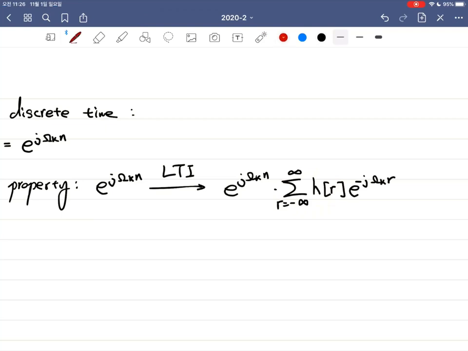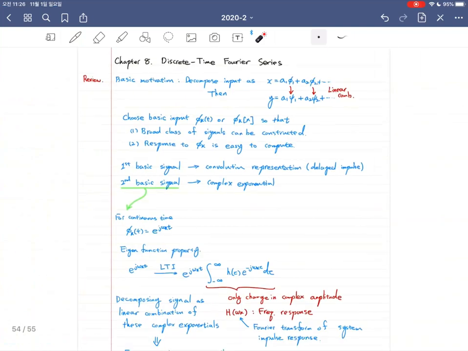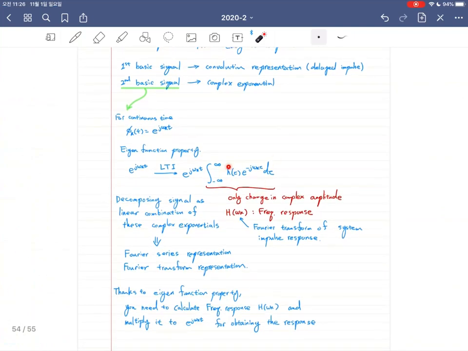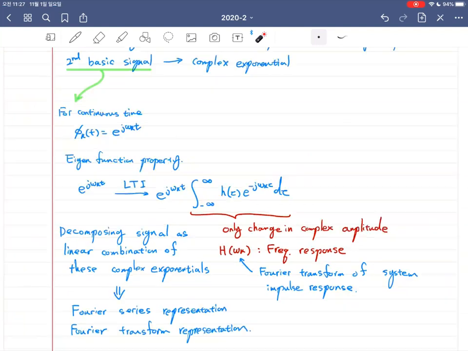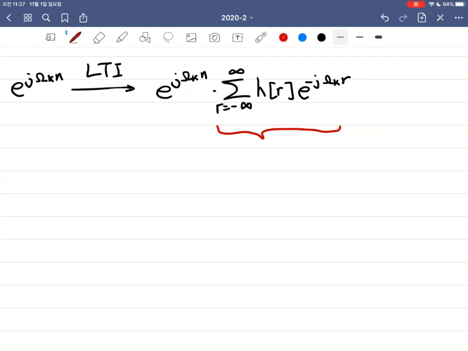So this is like the same thing as the frequency response in continuous time, okay? Practically it's a very similar form if you convert this integration into this summation. So this is also called the frequency response, just in discrete time.